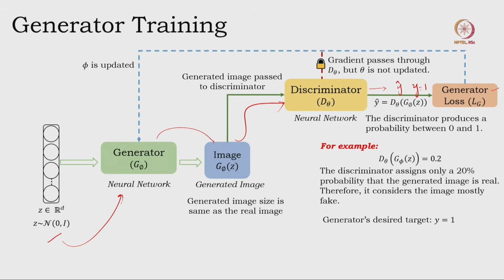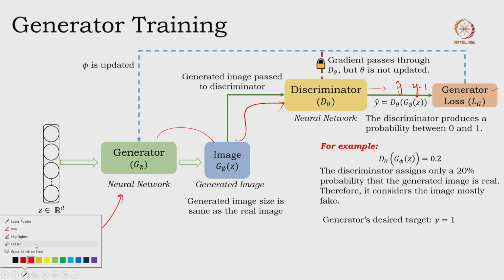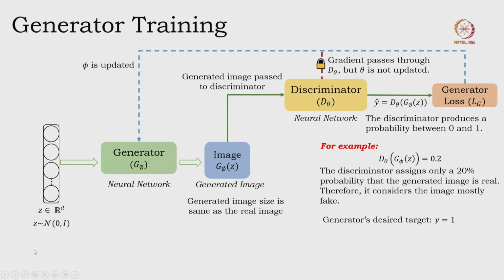Now, once this flow is clear, let me explain the terms that are used here. This is the generator network. The network will have parameters, so G phi. For this, what are you passing? You are passing Z. What is Z? Noise. That is passed as an input. And what do you get?